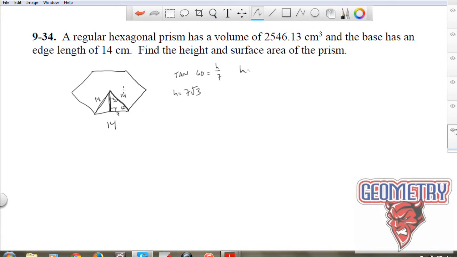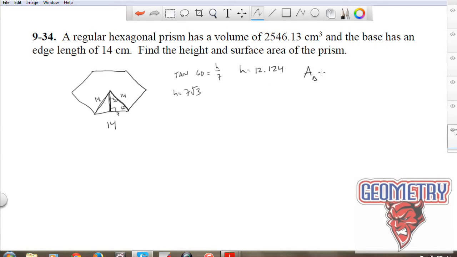Regardless of what methodology you use to find the height of that triangle, it ends up being 7 root 3. As a decimal, that is 12.124.